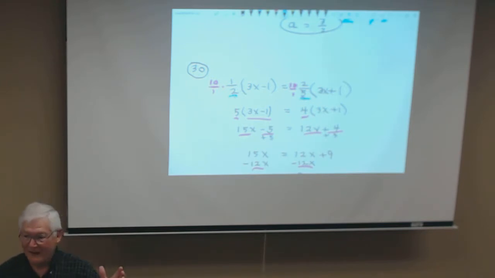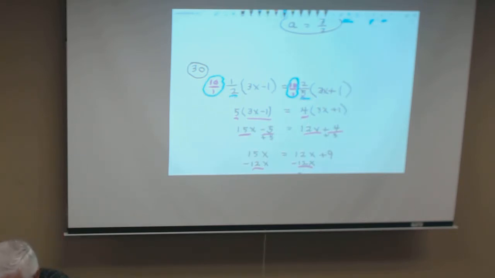So you understand? I'm thinking if I want to get rid of both fractions at once, I'm going to multiply both sides of the equation by 10. Everybody see that? And if I have a balanced equation and I take both sides times 10, it's still balanced, isn't it?